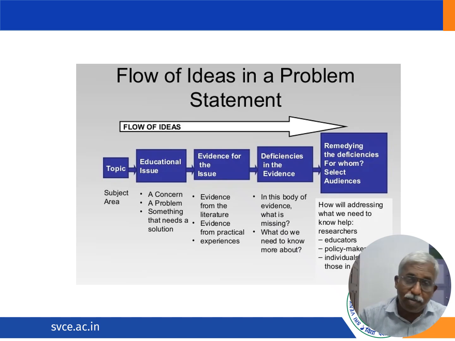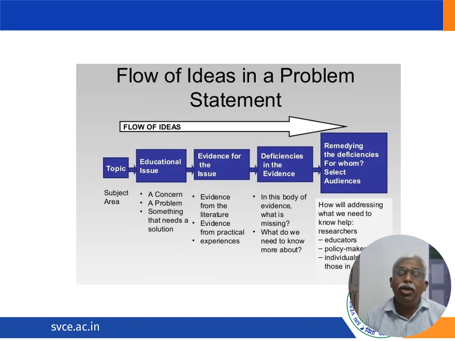So start from one large area topic. Then we have educational issues. From the educational issue we have evidence. Then deficiency in the evidence. Then redefining the problem statement based on literature, national level and international level.